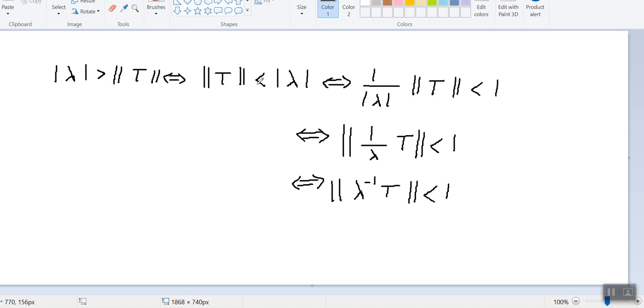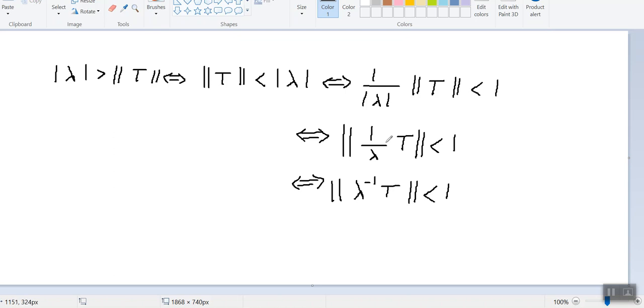Now you divide both sides by the absolute value of lambda, which is non-zero because of this inequality. So we have 1 over the absolute value of lambda times the norm of t is less than 1, and then by the property of the norm, this is equal to the norm of 1 over lambda times t, less than 1.